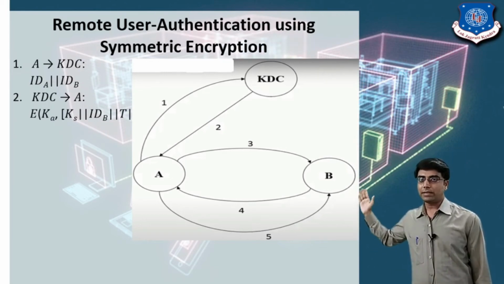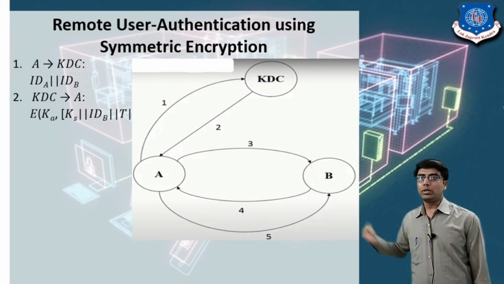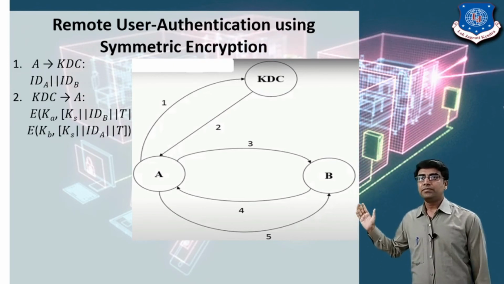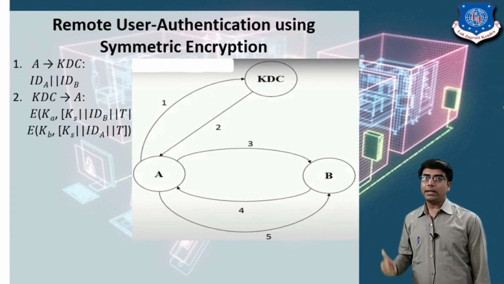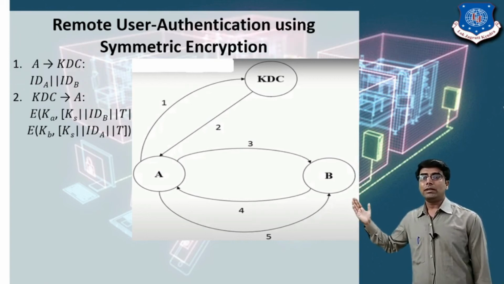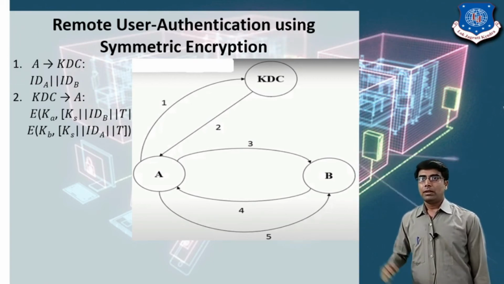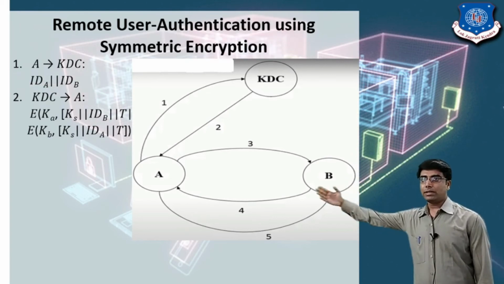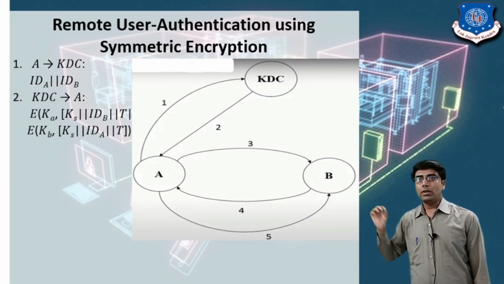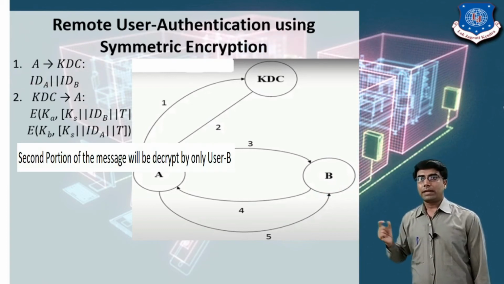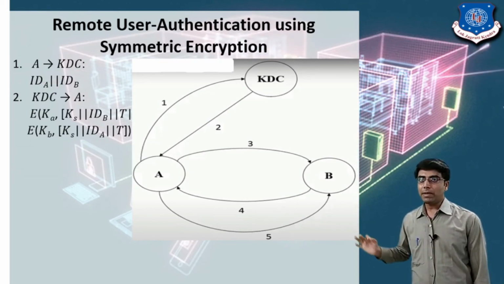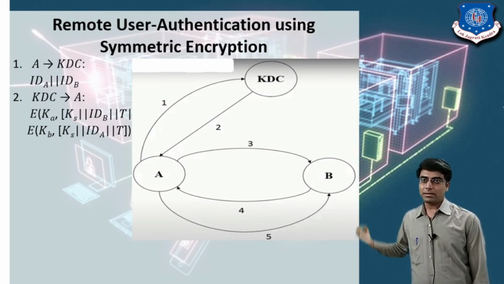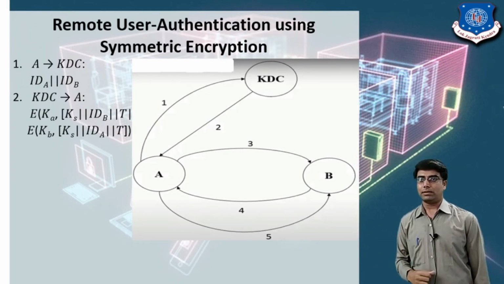In that second step message, the KDC generates the encrypted message and sends it to user A, and that message includes the timestamp T, ID B, user identity, and K, the secret key or session key, encrypted using the master key of user A. This is the first portion, and the second portion will not be decrypted by user A. The second portion of the message is encrypted only for user B. Now user A will decrypt the message with the master key of user A and get the session key.